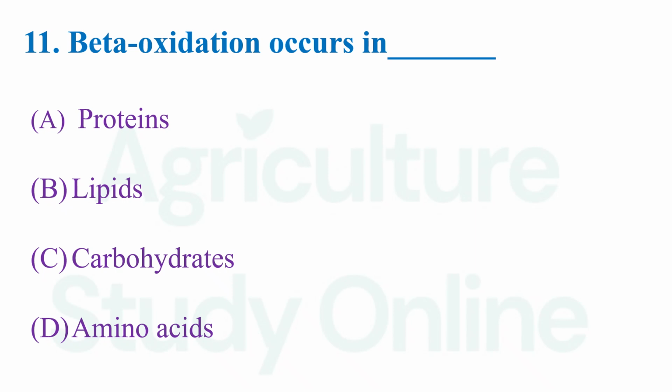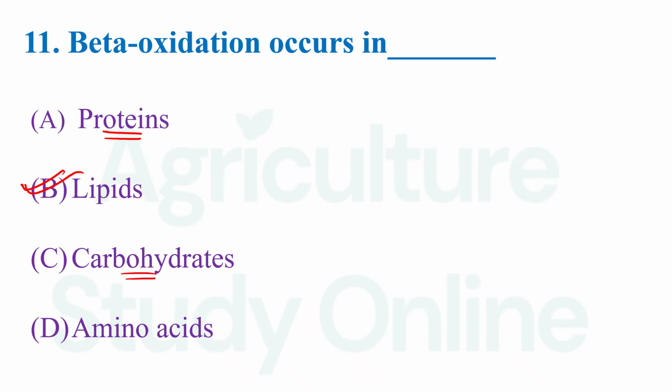Next question 11. Beta oxidation occurs in, first one, proteins. So proteins are broken into amino acids, not by beta oxidation. Next, lipids. This is the correct option because beta oxidation is the breakdown of the fatty acids, that is lipids, to produce the energy. Carbohydrates.